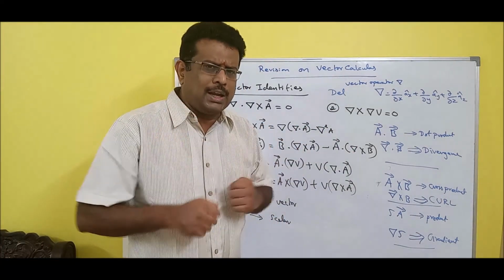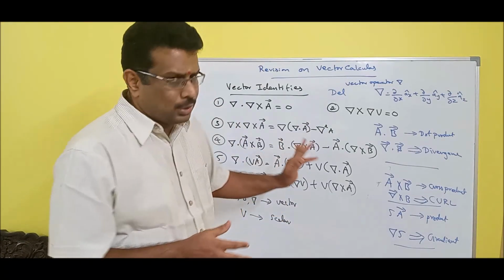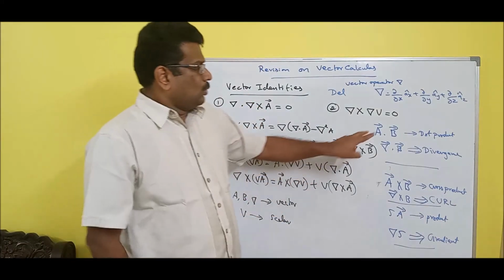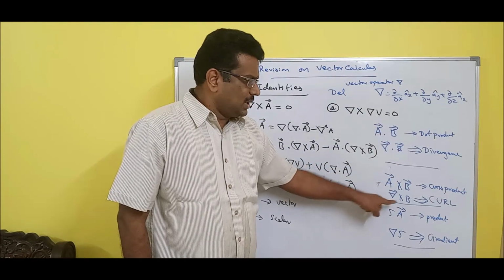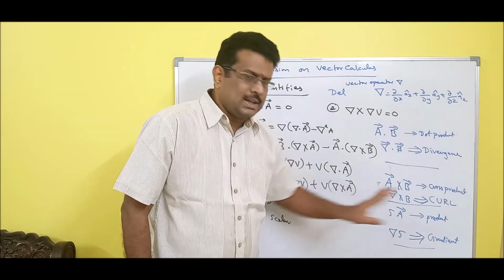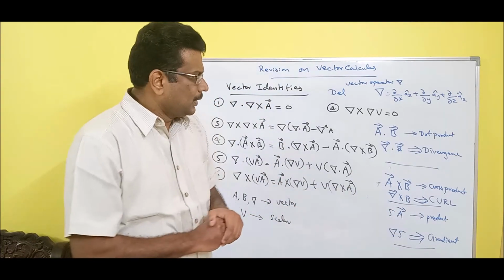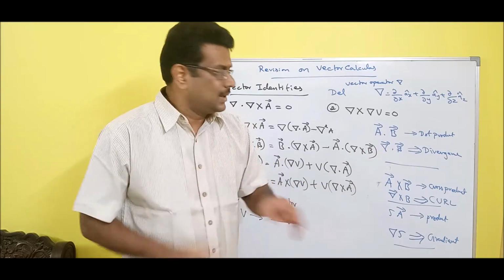I will explain very clearly inside the subject later. Today is only an introduction. Out of two vectors, if one is del, it is a divergence for the dot product. If one is del, it is a curl for the cross product. If the other is a scalar, it is a gradient. What do you mean by del? Variation, change.